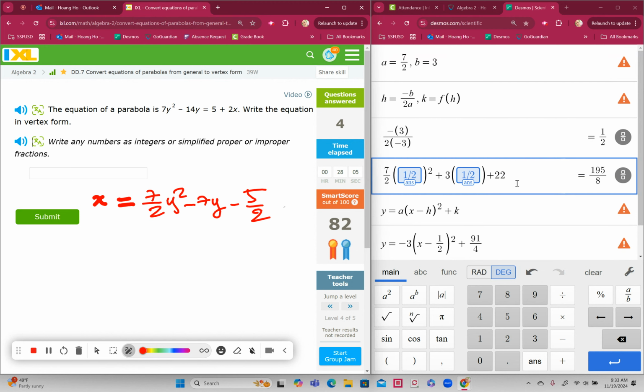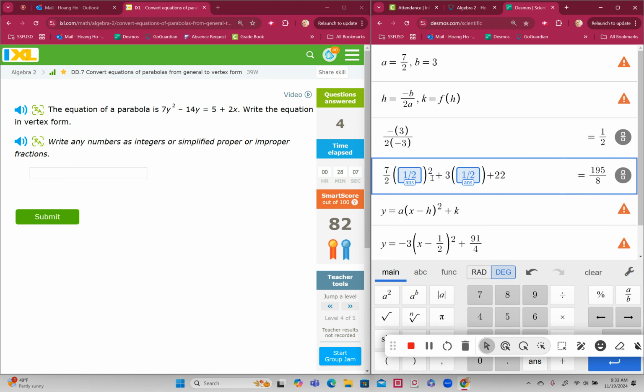On my calculator side, I can do that. This one is supposed to be 7 over 2 y squared, subtract 7y, and then subtract 5 over 2.